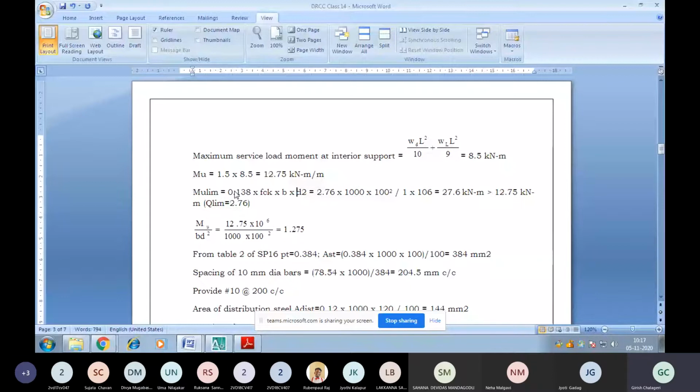MU limit is equal to 0.138 FCK BD square, taken from SP16. MU limit is given as 12.75, what we have calculated.